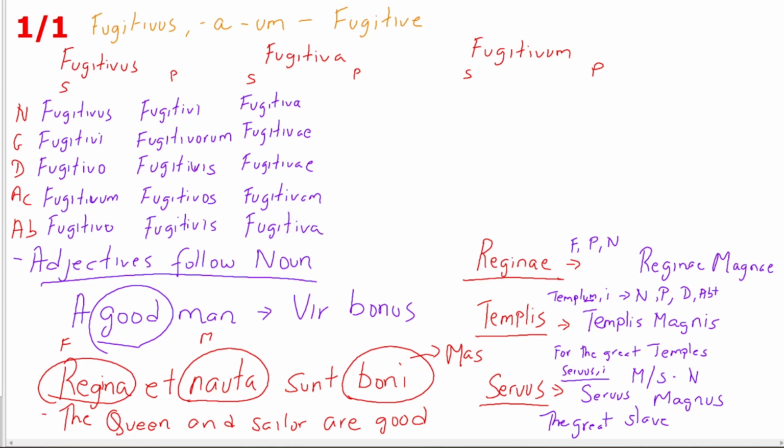Plural would be fugitivae, genitive, fugitivarum, then dative, fugitivis, fugitivas, and fugitivis.